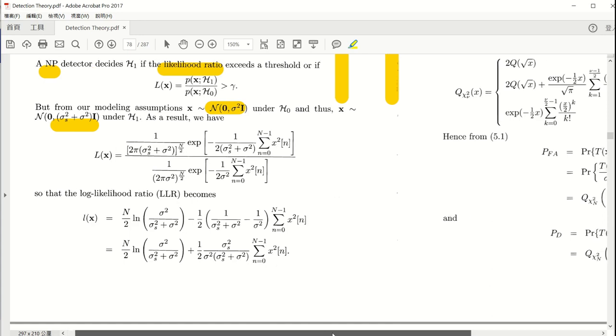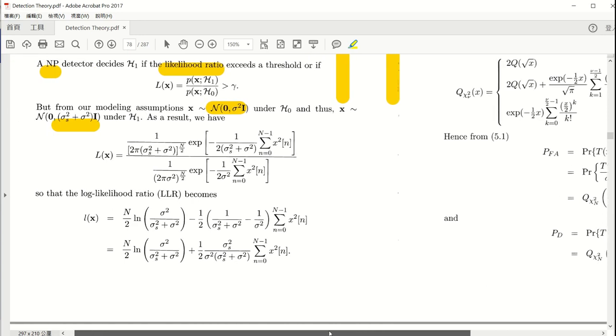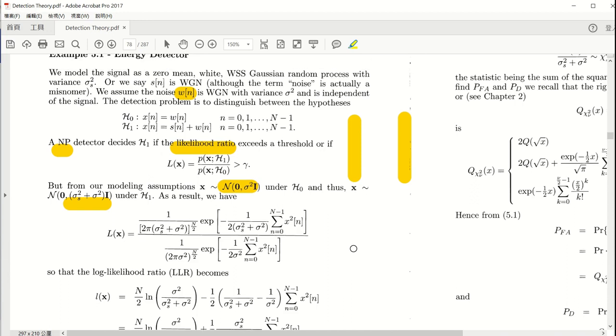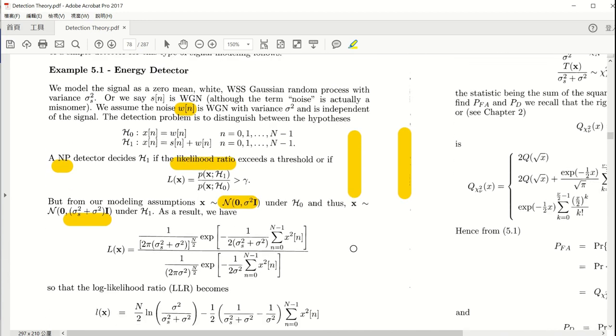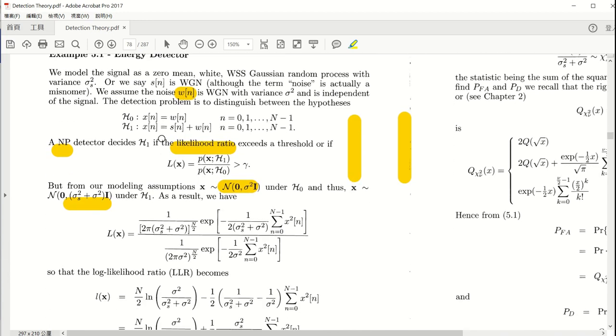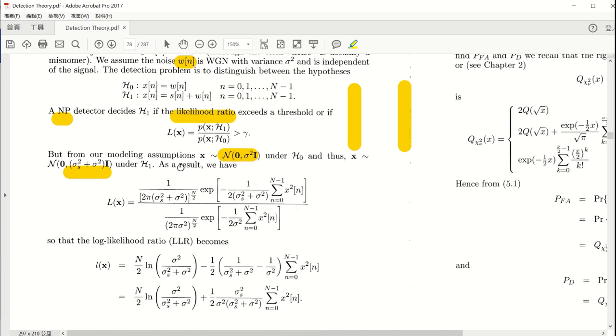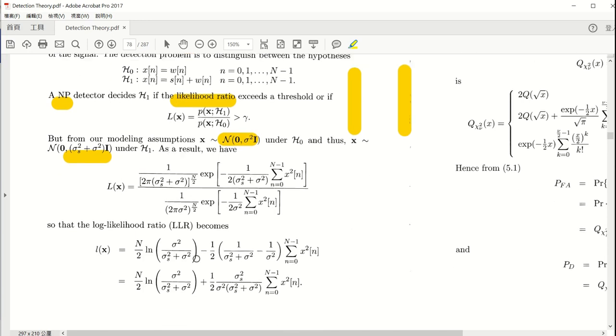So that's to give you the overview of it. We have a signal that looks like this, but it's WGN for the S, not deterministic. Then we go with the log likelihood ratio. We simplified it, then we come to this stage of this term.